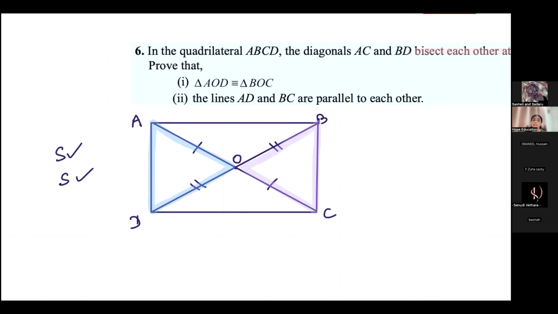Then is AD equal to BC? Is it given? AD and BC, anything given about that? No. They have not given anything. What else can you say are equal? Anything else?